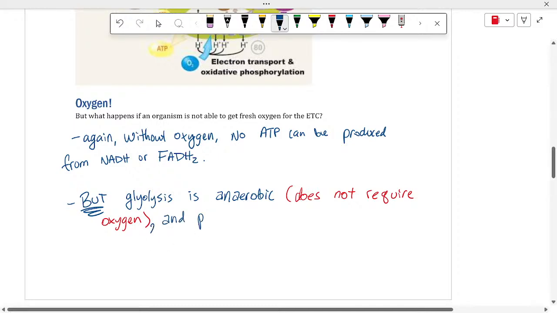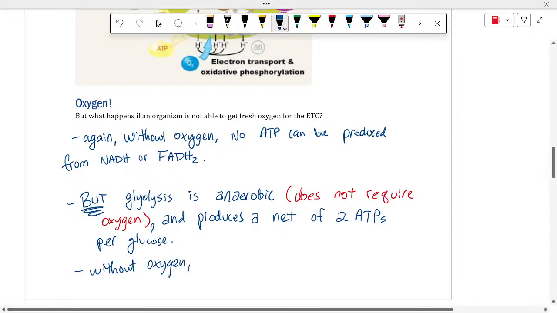And produces a net of what? Two ATPs. So without oxygen, this is all the energy that can be gathered.